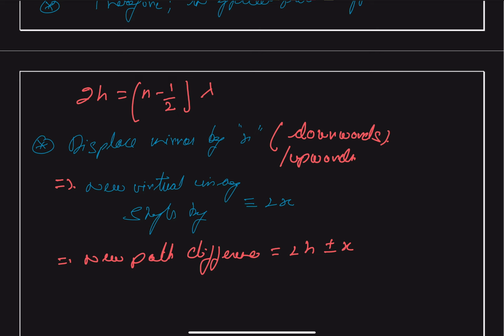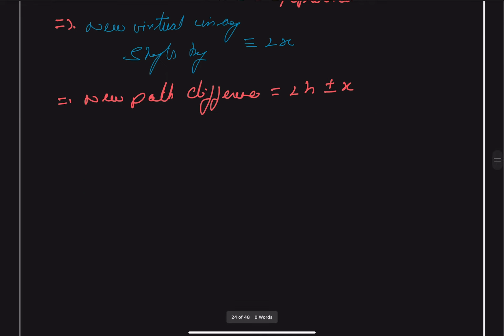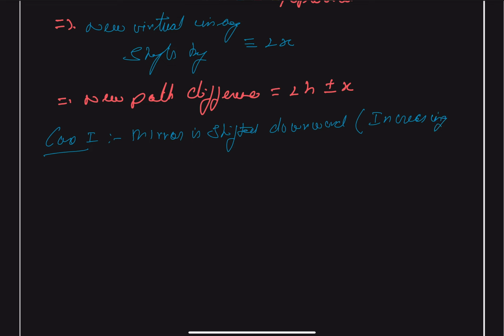Thus we can divide into two cases. Case 1, mirror is shifted downward, which basically means increasing path length.